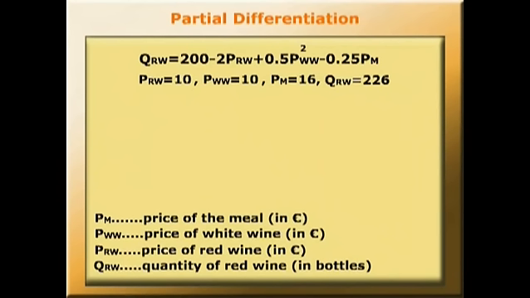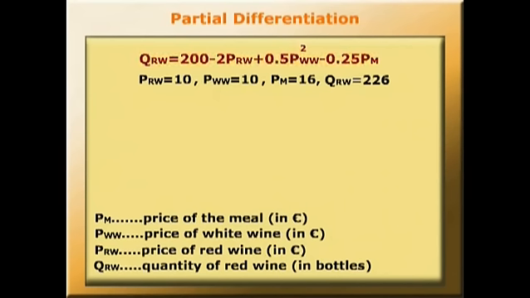Now we can seek to know what happens if the restaurateur changes prices. In order to do that, we need to calculate elasticities of demand. We'll start with the own price elasticity, the demand for red wine with respect to its price. To find this, we partially differentiate our demand function, treating everything as constant except the price of red wine, with respect to the price of red wine.